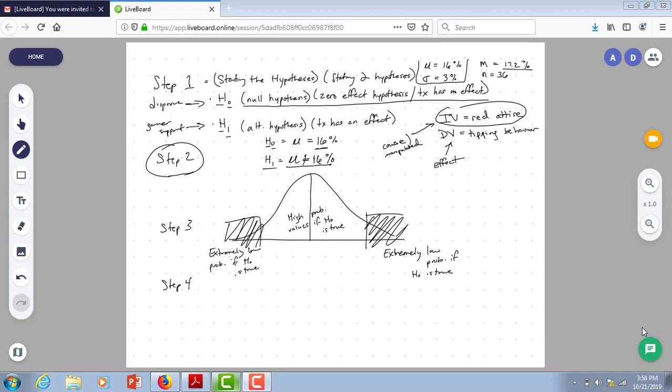In other words, if we get a sample mean that is falling very close to our population mean and standard deviations, then it is very likely that our null hypothesis is true. If the sample mean is falling out in the tails, then there is an extreme likelihood that our null hypothesis is false. And it's a high likelihood that it's false because it's, again, way out in the tails. And the tails represent extremely low probability places if the null hypothesis is actually true.